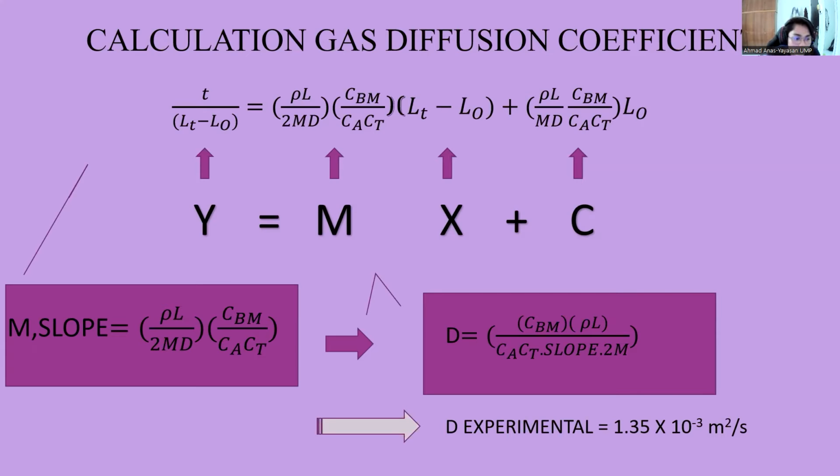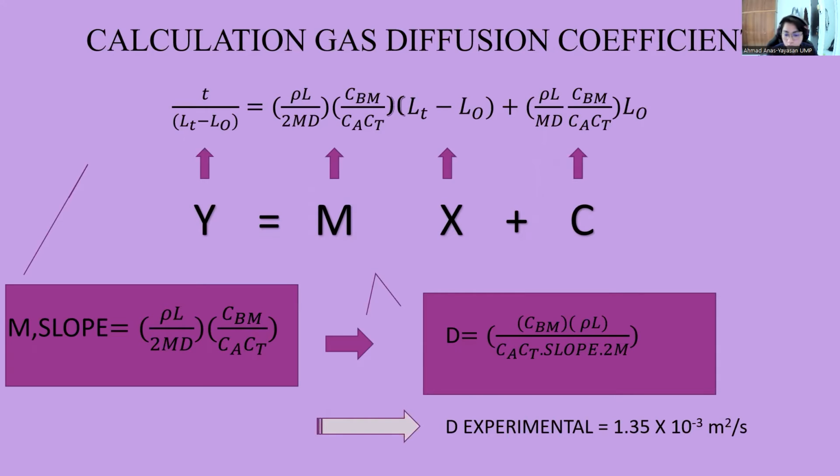We use the equation rho L over 2MD times CBM over CACT, and we only want to get D, which exists in this gradient or slope part. So the final equation to calculate the gas diffusion coefficient is D equals CBM times rho L divided by CACT times slope times 2M.